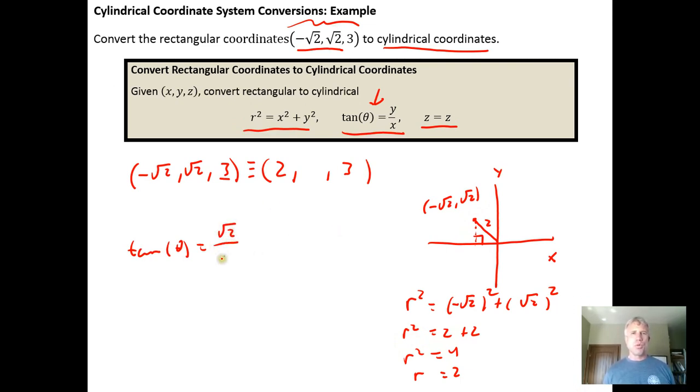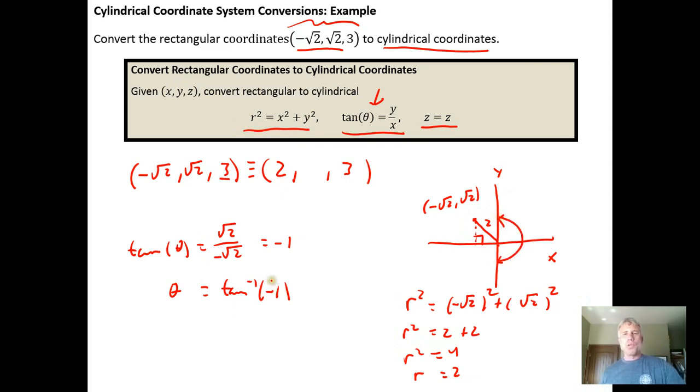We'd get root 2 over x, which is negative root 2, and this would be negative 1. And so if we take the tangent inverse of this, theta would wind up equaling the tan inverse of negative 1. What we want to recognize is that the tangent inverse function is going to give us an angle between negative pi over 2 and pi over 2.